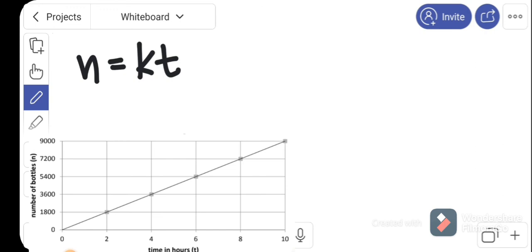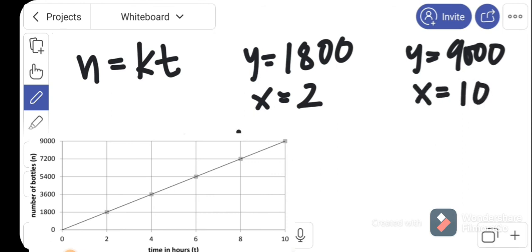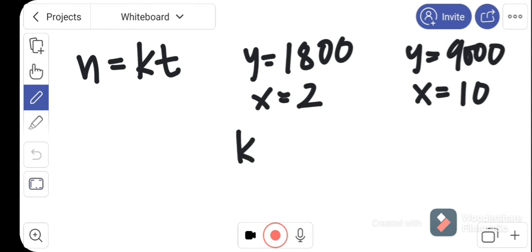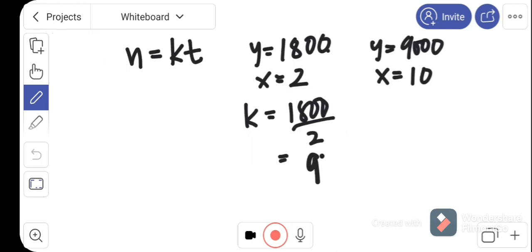So in the y-axis, we have y is 1,800 when x is equal to 2. Or let's take the other one, y is equal to 9,000 when x is equal to 10. And then find the value of k. K is 1,800 divided by 2. The answer is 900.